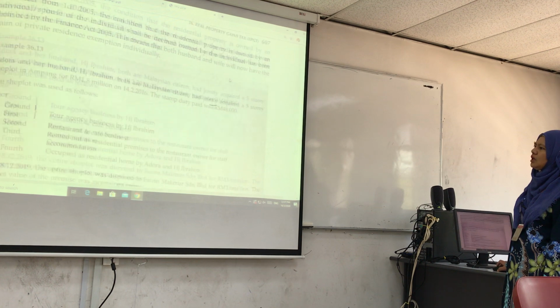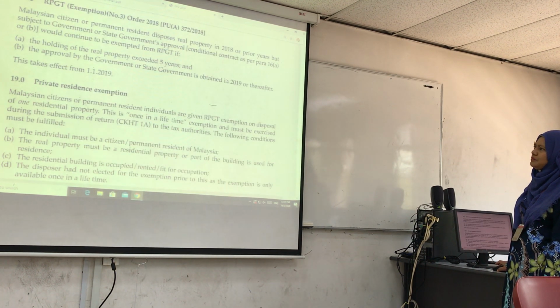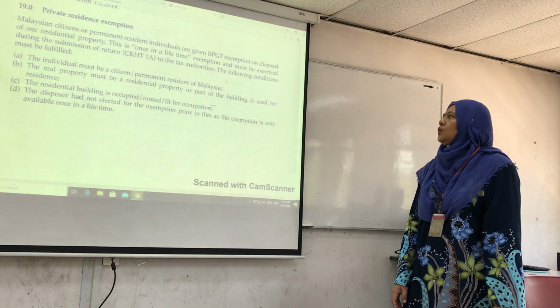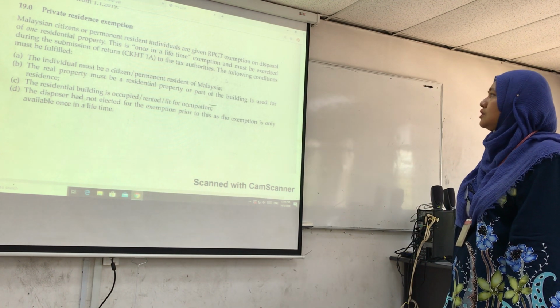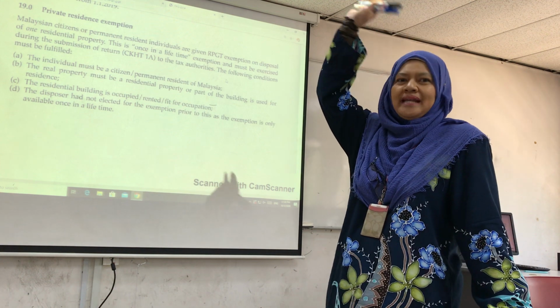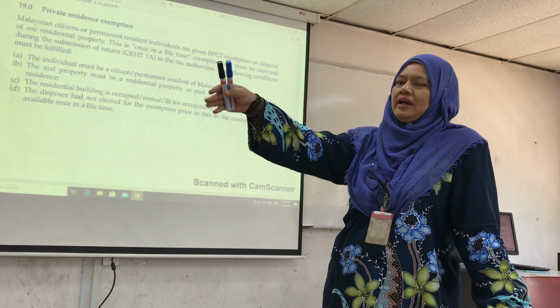Before we stop, I just want to go through one more exemption, the private residence exemption. A Malaysian citizen or permanent resident individual is given RPGT exemption on the disposal of one residential unit. This is different from the exemption of 10% or 10,000, two different exemptions, and different from the no gain no loss.